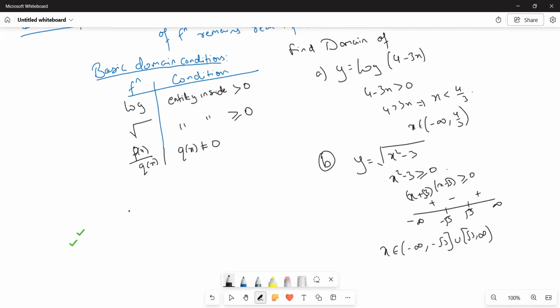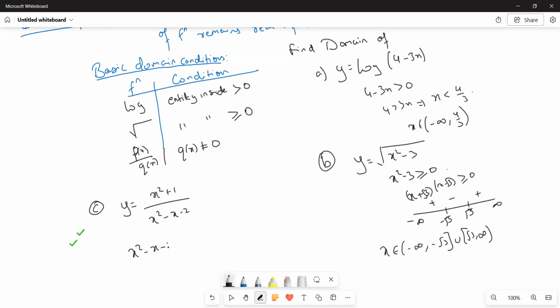Yeah. Sometimes we might have a question like this. Find the domain of y equals to (x square plus 1) divided by (x square minus x minus 2). So इसके लिए we'll apply the condition that the denominator must not be 0.